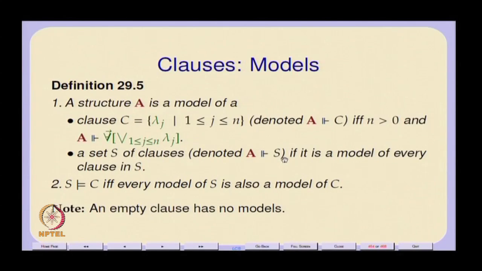A set of clauses S has a model A if A is a model of every clause in S, because a set of clauses is actually a conjunction of clauses, implicitly. And a clause C is a logical consequence of a set of clauses S if and only if every model of S is also a model of C. Okay. An empty clause has no models, because an empty clause typically refers to the constant false, if you like.